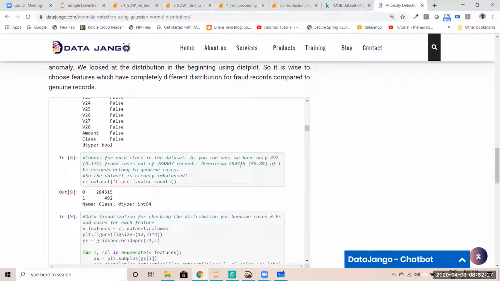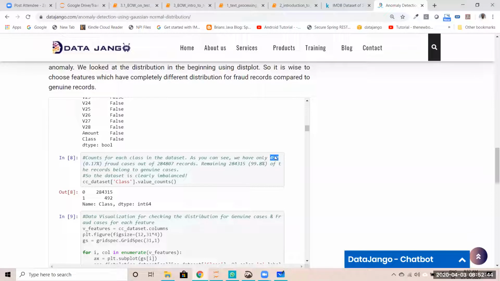These 2,84,315 records should be 0 or 1? The 492 records belong to 0 or 1? So Krishna said this is 0 and these 492 records are 1.